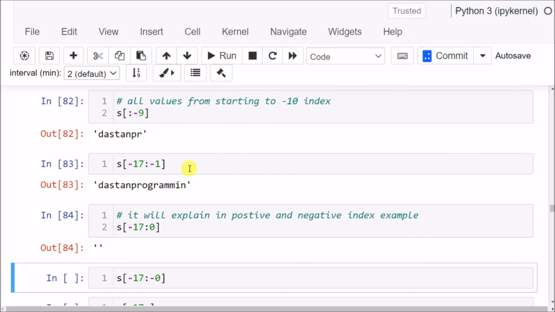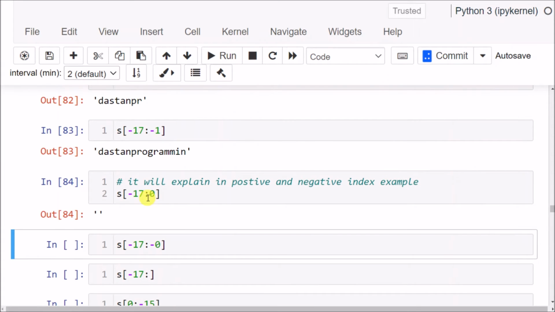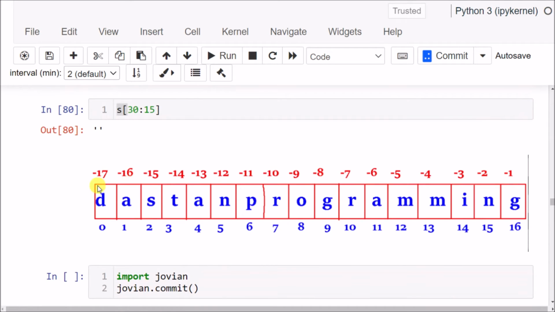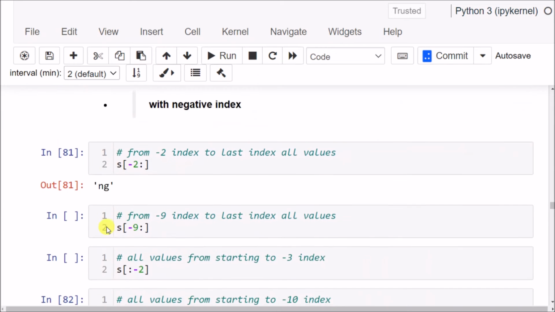And here -17 to 0 index. In the forward direction, I told you when A and B meet at the same point, the excluded is considered, so D cannot be considered. So it returns the empty string because I want to print -17 to 0.